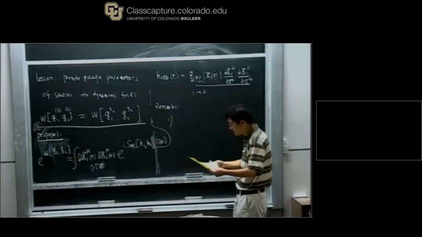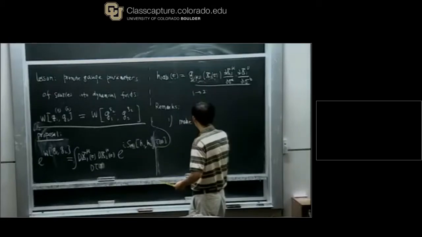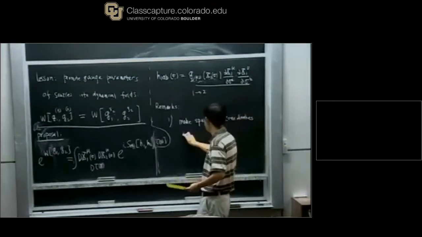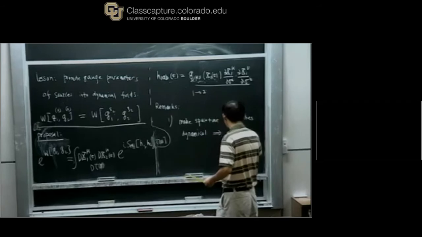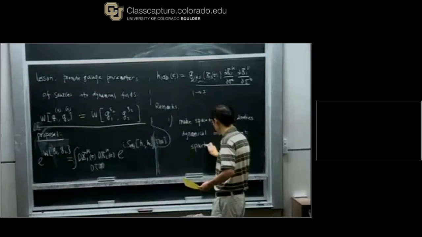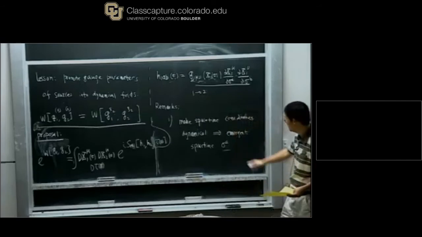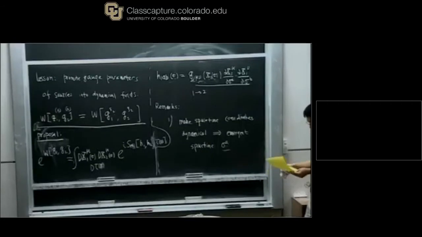So the price to make space-time coordinates dynamical leads to a new emergent space-time, sigma, whose coordinates are labeled with A. The sigma has the same dimension as the original space-time, but now I have to introduce this sigma.